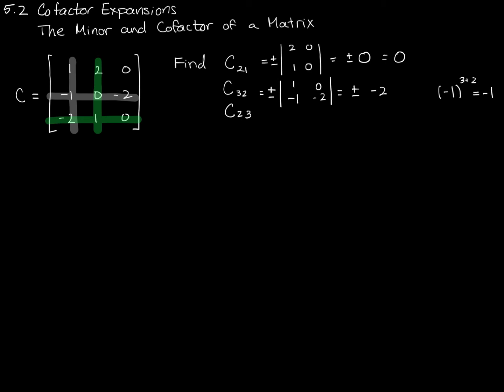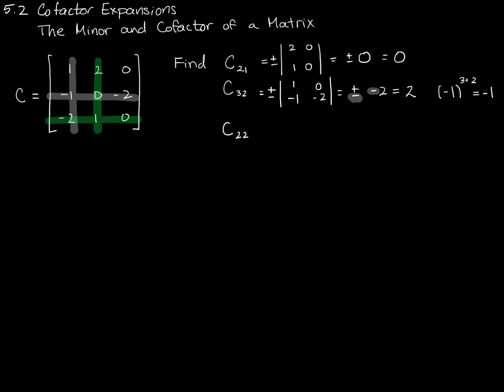Right? So my value here is going to be negative -2. So my cofactor here is 2. Okay, and I said I was going to change this last one, and I'm also going to give myself just a little bit more room. Let's look at the cofactor of row 2, column 2.